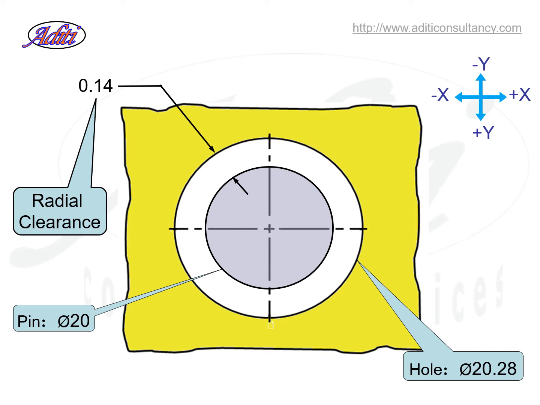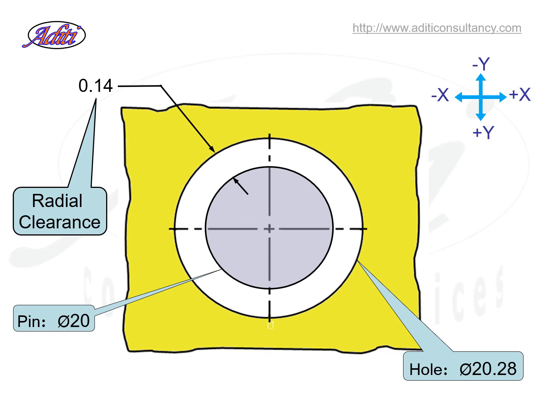In the figure, we see a hole of minimum diameter 20.28 mm, and the boundary which this hole cannot violate in the assembly represented by a pin of diameter 20 mm. Both the hole and the pin are centralized with respect to their nominal position x50 and y40.